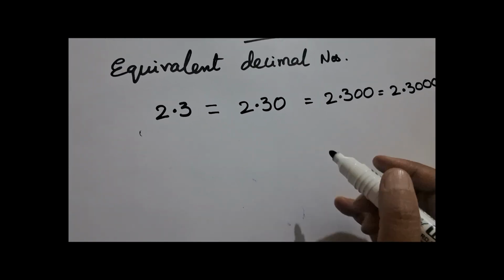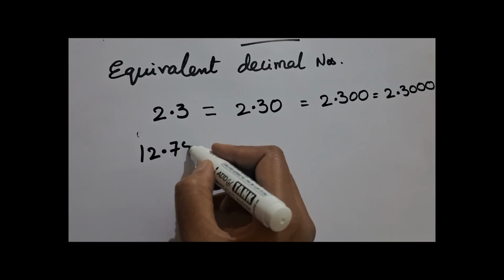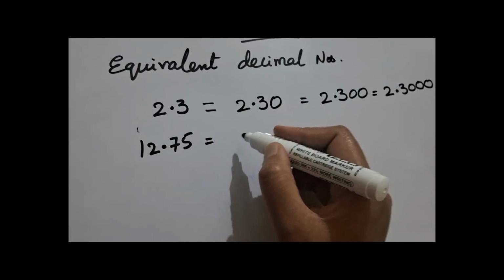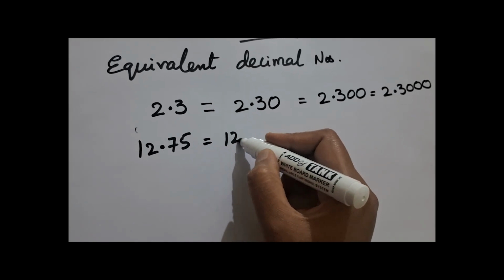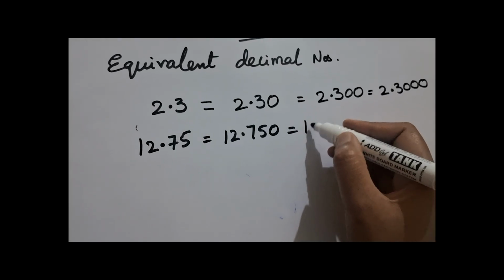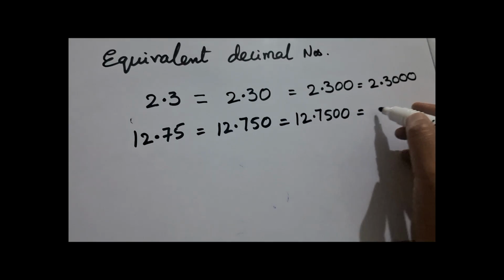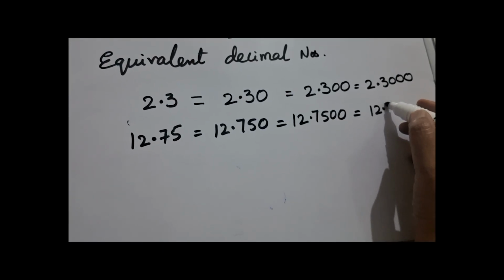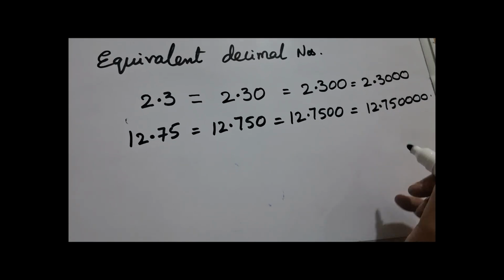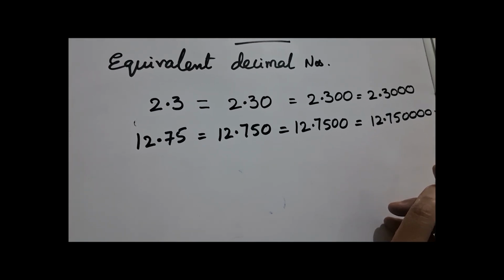Okay. Next, suppose 12.75. 12.75 can be equal to 12.750 is also equal to 12.7500 and also equal to 12.75000. Okay. Like this, we can write equivalent decimals, children.